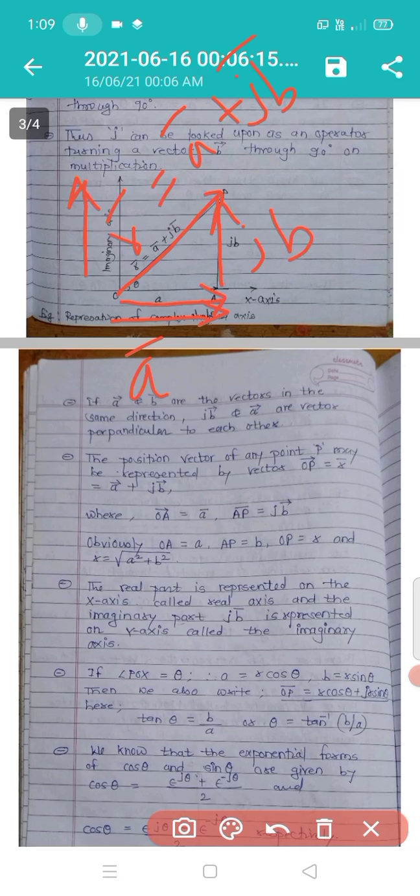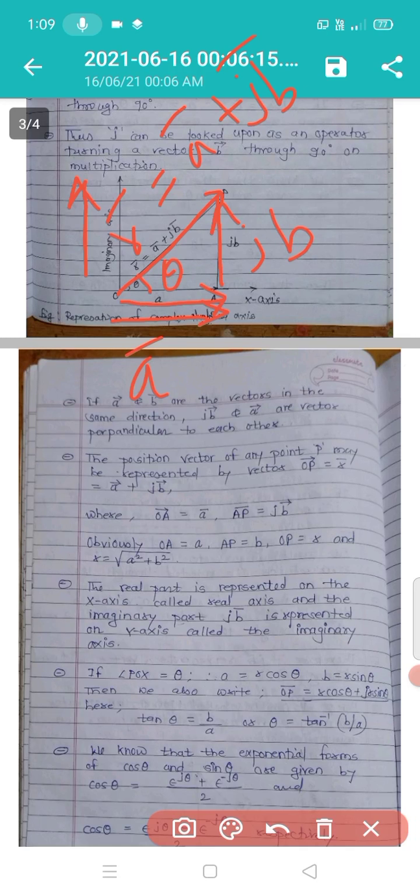The real part is represented on the x-axis called the real axis, and the imaginary part j b bar is represented on the y-axis called the imaginary axis. If angle POX is equal to theta, then a is equal to r cos theta and b is equal to r sin theta.